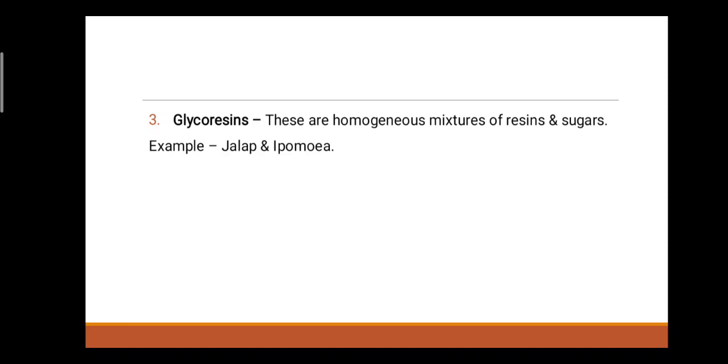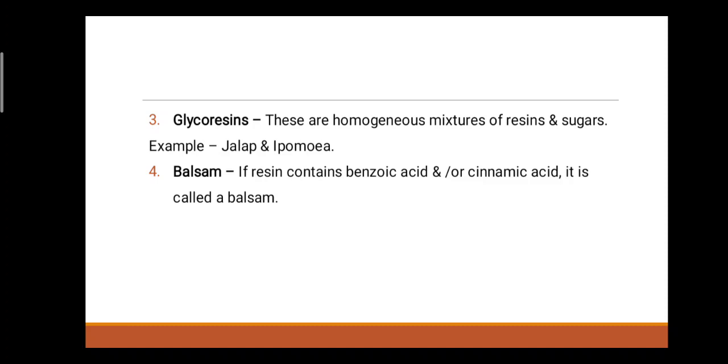Example: jalap and ipomoea. Fourth one, balsam. If resin contains benzoic acid and or cinnamic acid, it is called a balsam. Example: balsam of Tolu, storax, balsam of Peru, benzoin, etc.